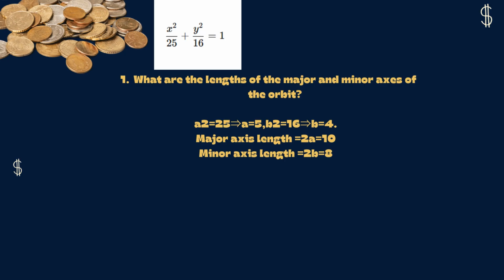For the minor axis, it's pretty much the same, but with different number and letter: 2 times b, where b is 4, so 2 times 4 is equal to 8. So our final answers are: the major axis length is 10 units and the minor axis length is 8 units.